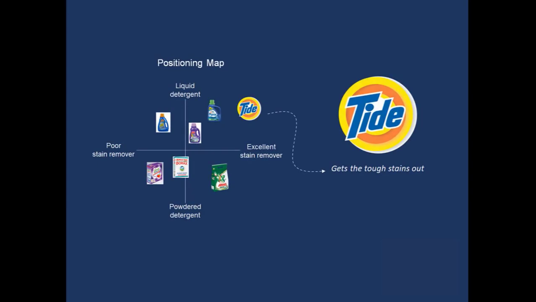And this is how we find our brand message that we want to brand in consumers' minds. This positioning map helps us differentiate ourselves from our competitors, and then we always show the brand message, gets the tough stains out, in association with the logo.